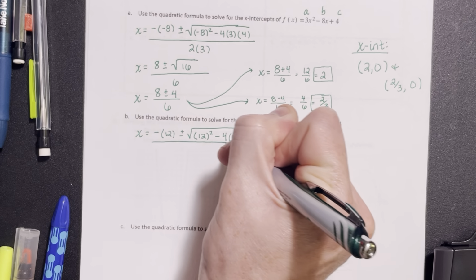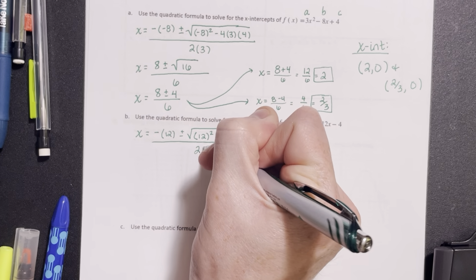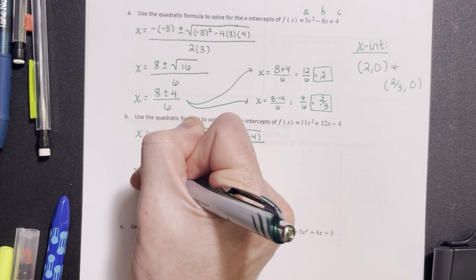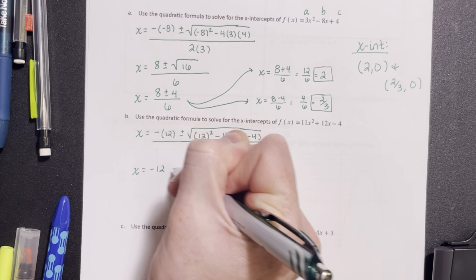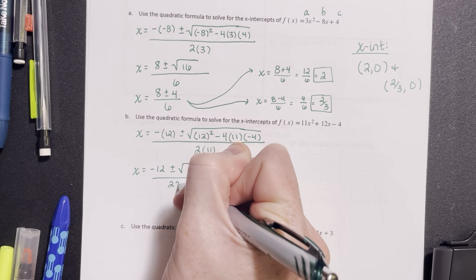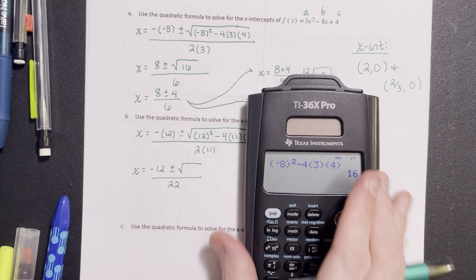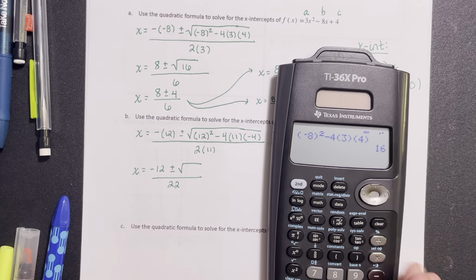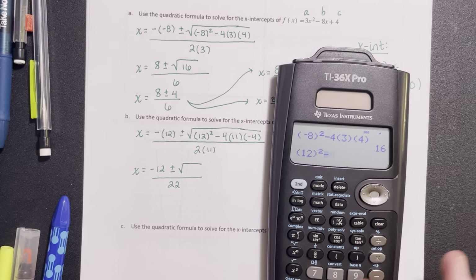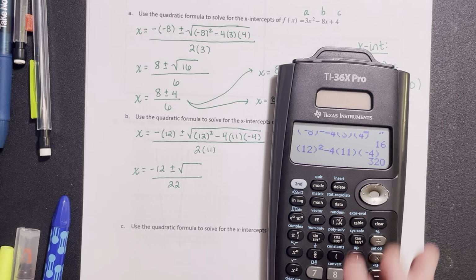The entire thing is over 2a, so 2 times 11. Simplify a little bit at a time, so negative 12 plus or minus the square root of something over 22. Let's see what goes inside that radical. I've got 12 squared minus 4 times 11 times negative 4, which is 320.